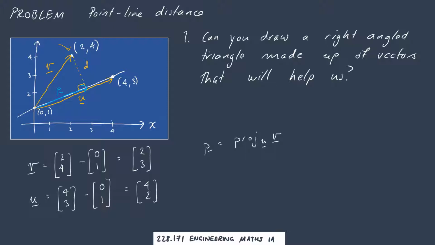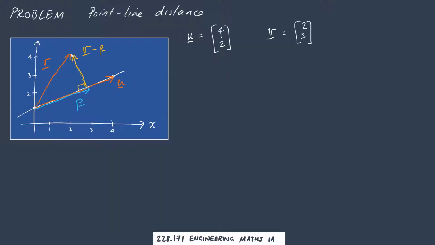And then once we've got that vector there, we can finish off by calculating this vector which connects v and p up and then finding its length, which will be the answer d that we're after. Okay, so I'm just going to clean this picture up a bit because it's getting a bit messy. What we have is these vectors here that we need to calculate. We've got u, we've got v, we want to calculate p, and then v minus p, and then find the length of v minus p.